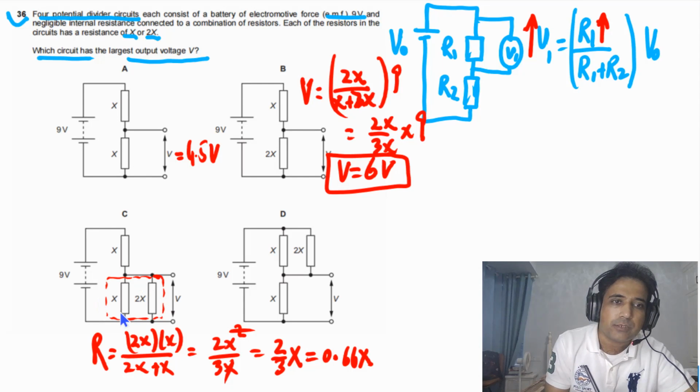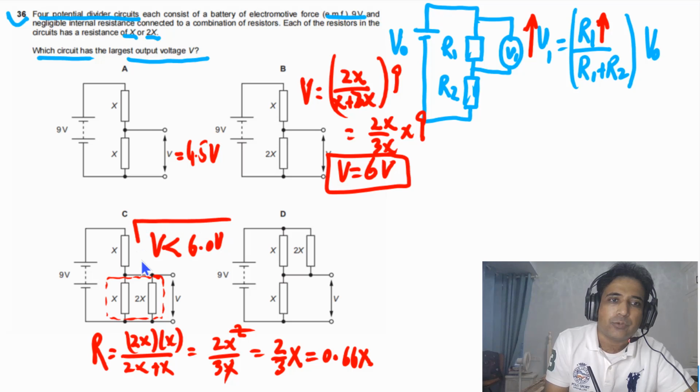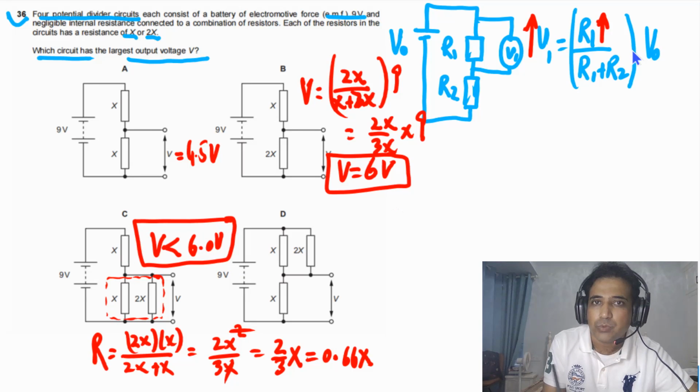So the resistance of this one is 0.66X and this is X. In this case the PD across this one will be smaller than 6.0 volts. You can calculate the exact value, you can plug in the numbers, you can use this formula.